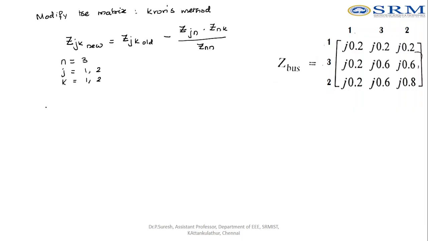Now we are going to form the matrix. So this is row and column. In a 2 by 2 matrix, the elements will be 11, 12, 21 and 22. First I will take the first element, Z11, because I am considering j equal to 1 and k equal to 1.